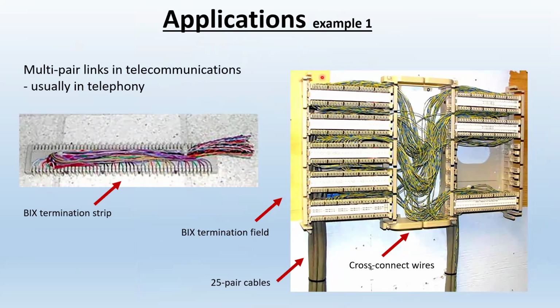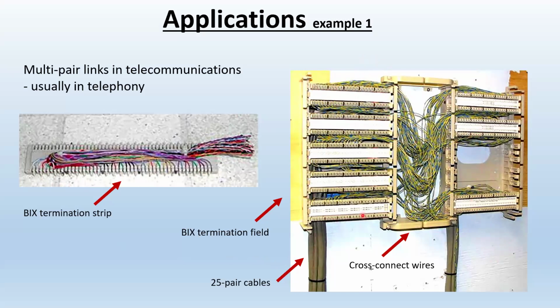You terminate that here, you punch down and flip it around, so that the cable is connected at the back, and from the front we have clean connectors where we could use something called a cross connect wire to connect that pair to wherever it needs to go somewhere else.